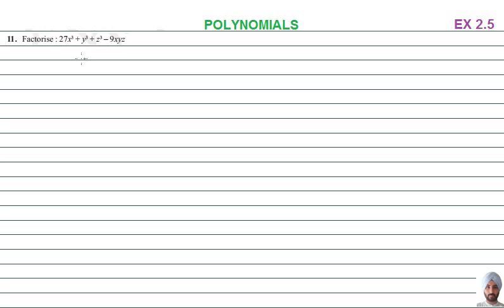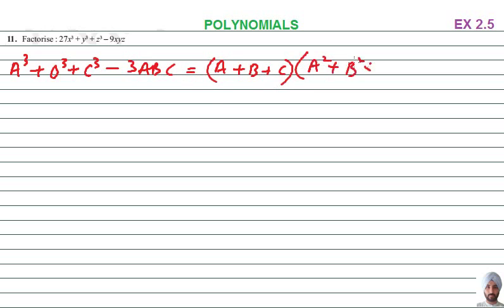So we have to think of something different, and this is the time for the next identity, that is a cube plus b cube plus c cube minus 3abc equals (a plus b plus c)(a square plus b square plus c square minus ab minus bc minus ca).